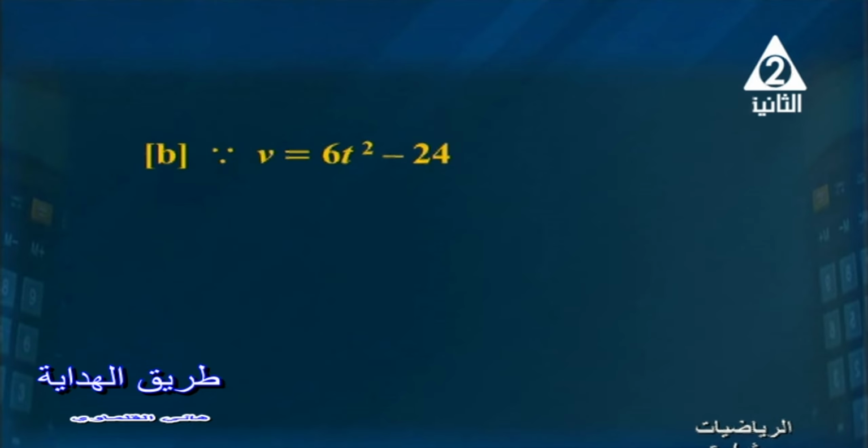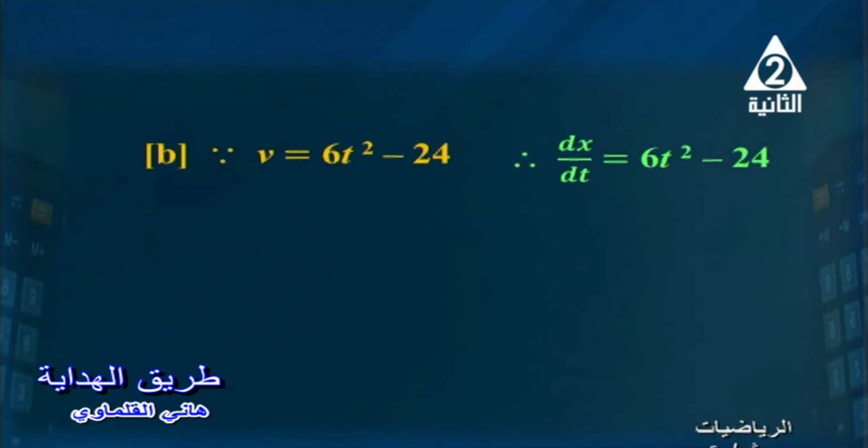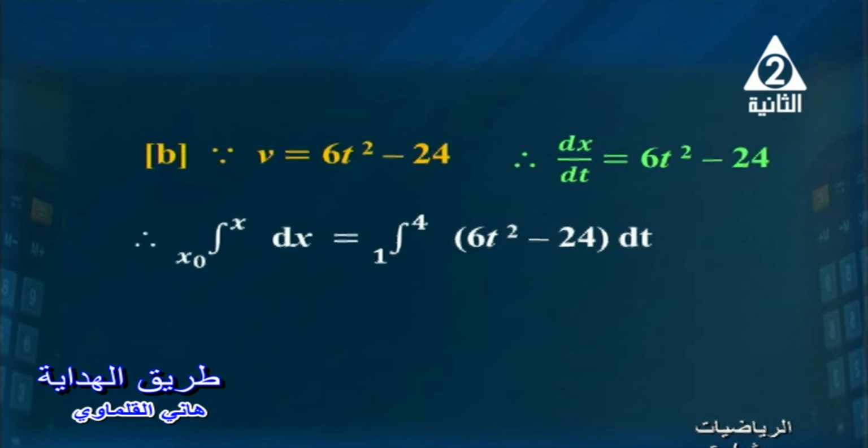t belongs to the closed interval [1, 4], v equals 6t squared minus 24. And we know that the velocity v equals the rate of change of position x with respect to time, so dx/dt equals 6t squared minus 24. We can separate the variables. On the left side, the definite integral of dx from x naught to x equals the definite integral of 6t squared minus 24 dt from 1 to 4.